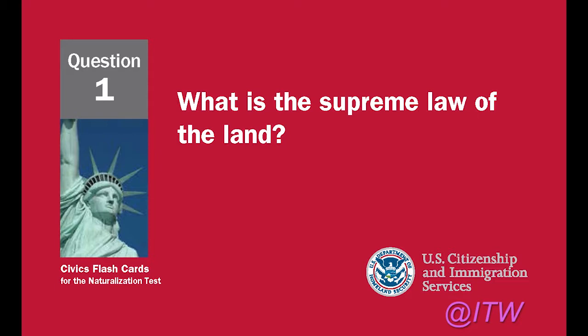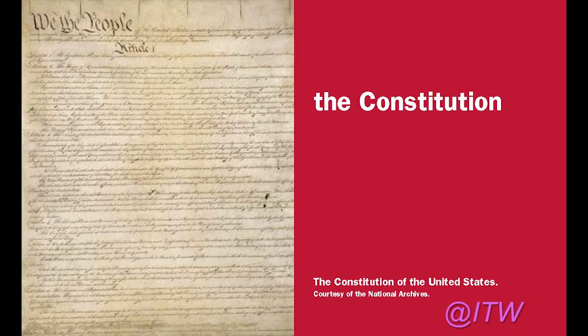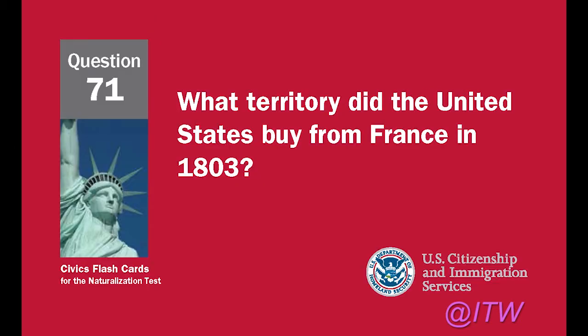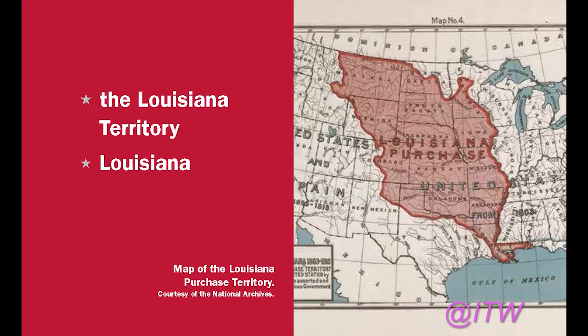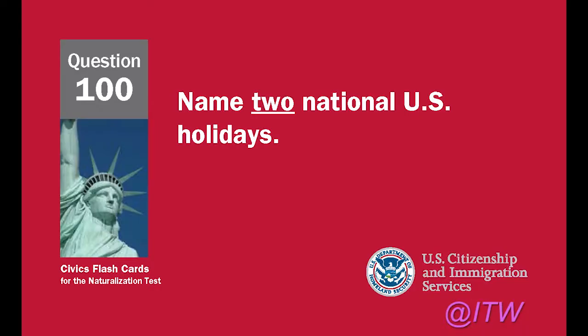What is the supreme law of the land? The Constitution. What territory did the United States buy from France in 1803? The Louisiana Territory. Louisiana. Name two national U.S. holidays.